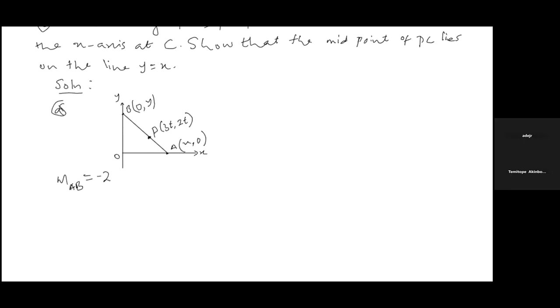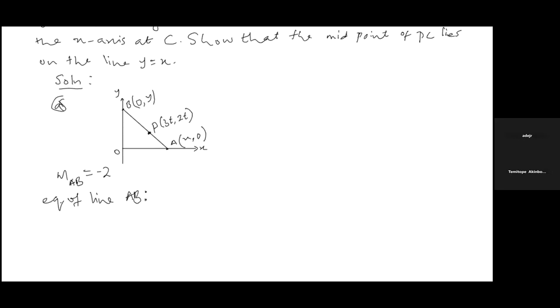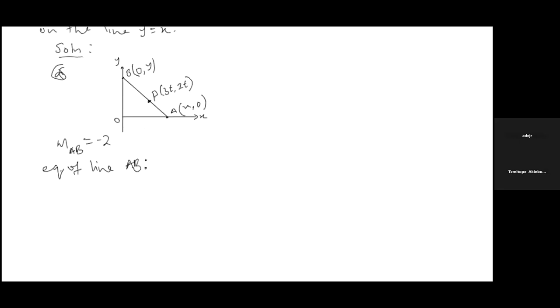Equation of line AB. For me to find the equation of line AB, don't forget, any point on that line is sufficient to find the equation of the line. So I will now use the formula for finding the equation of a line given one point, which is y minus y1 equals m into x minus x1.